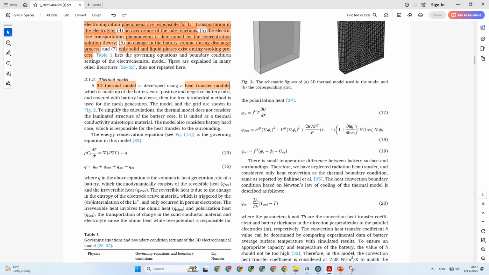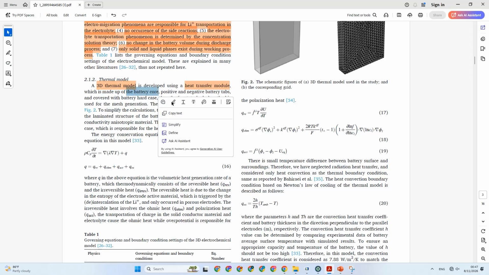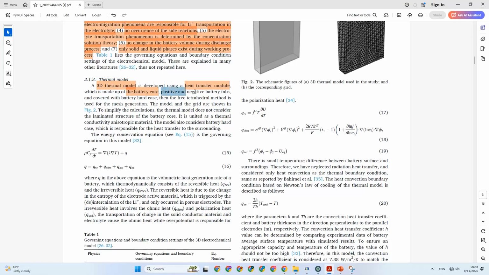Here, they don't repeat the sentence, and here they bring the exact name of the module, which is made of the battery core, positive and negative battery tabs, and covered with battery hard case.